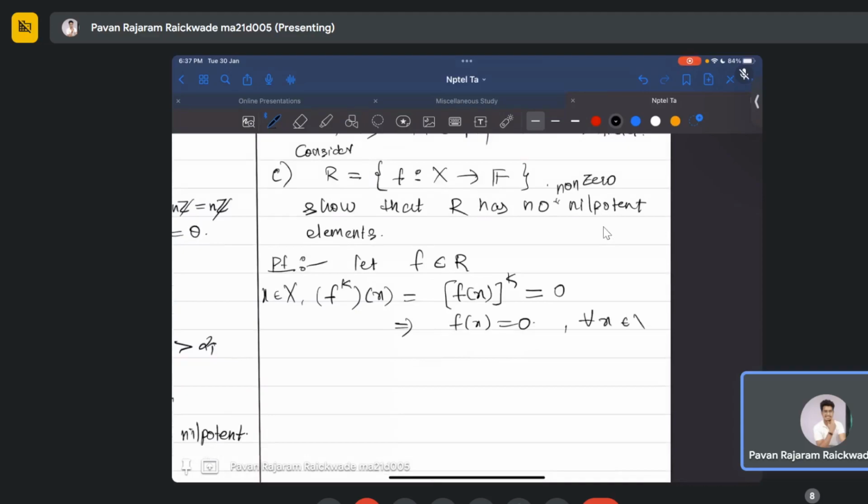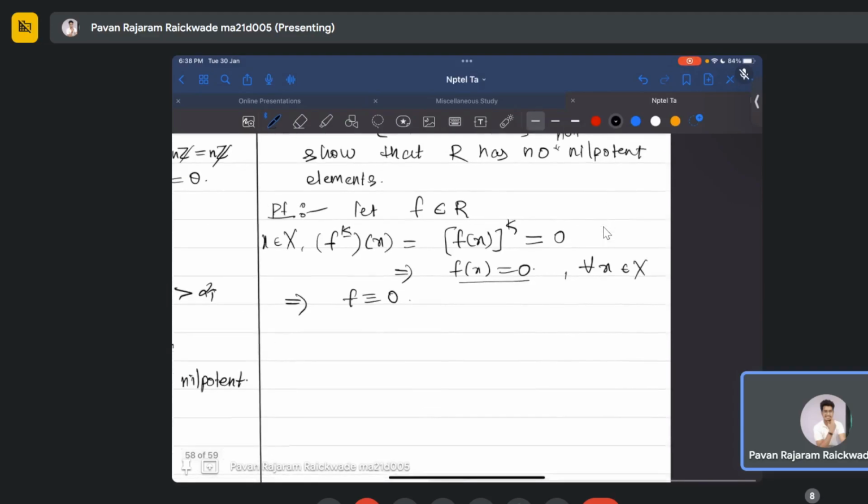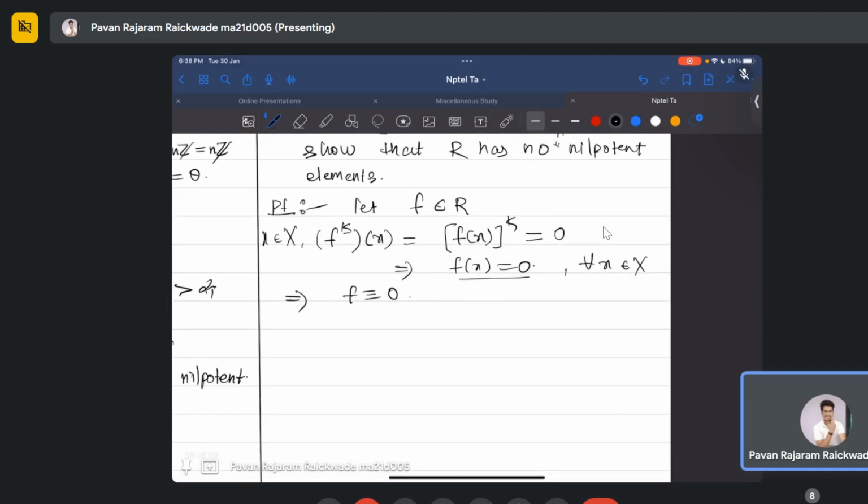For all x belongs to capital X, which implies f has to be identically 0, right? So if I started with f being a nilpotent element, then I get a natural number k such that f power k is identically 0, which means f(x) is 0 for all x belongs to X, which means f is identically 0, right? So the only nilpotent element is the singleton 0, that is the 0 function. Okay.